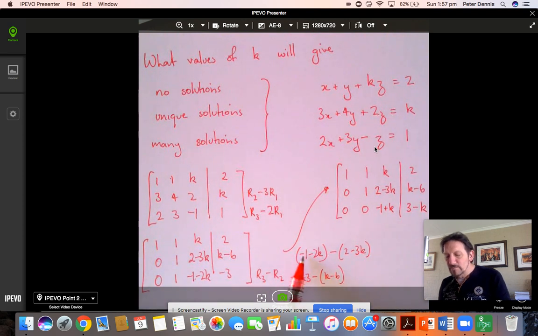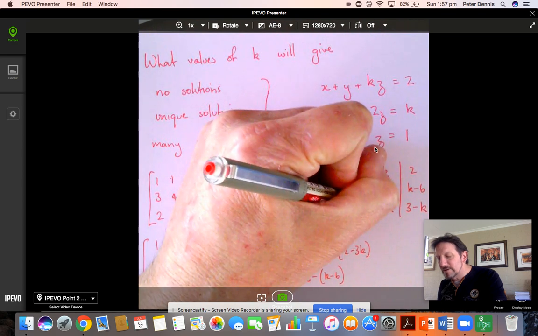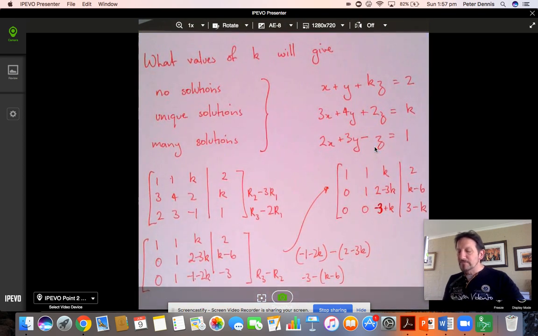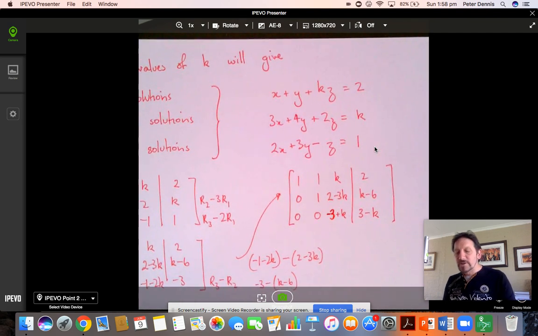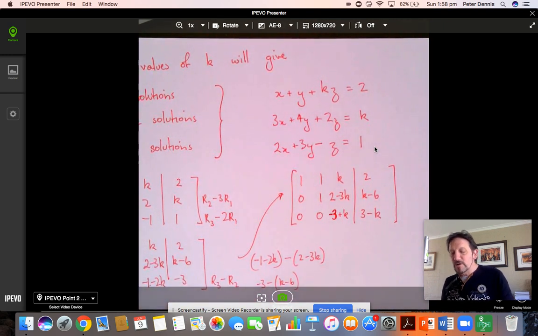And if we look back at here, I obviously stuffed up, didn't I? Minus 1 minus 2 should be minus 3 plus k. Don't you hate it? Okay, so there's our matrix. Is it in a nice form for us? Yes, that's in row echelon form.